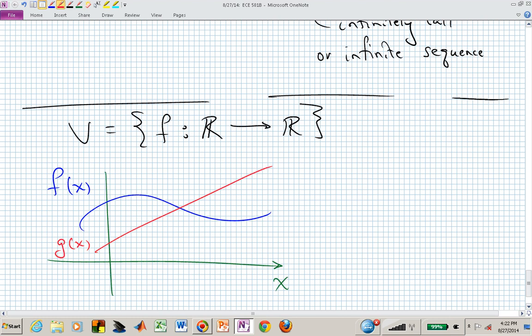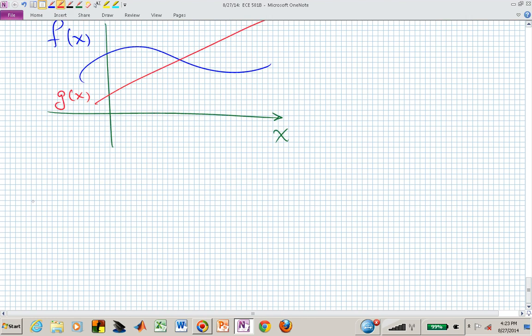You could have an f sub 2, an f sub 6, all just functions of this real variable x, having a range of the real numbers. One more vector space. That's pretty rich, isn't it, in terms of the functions that belong to that vector space.